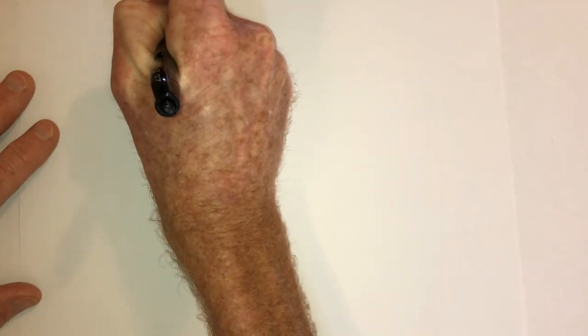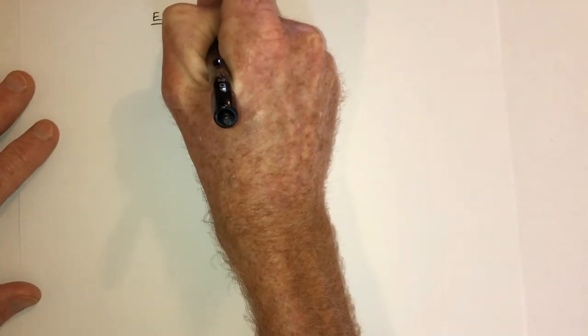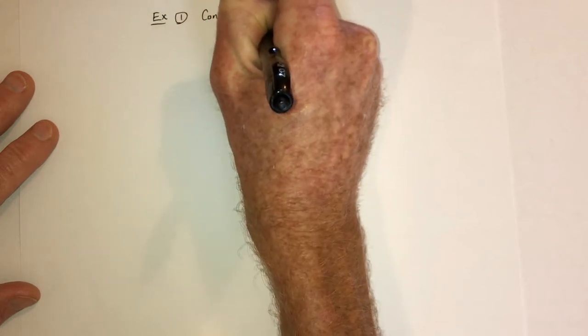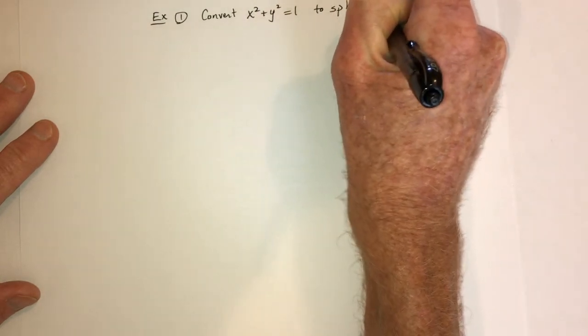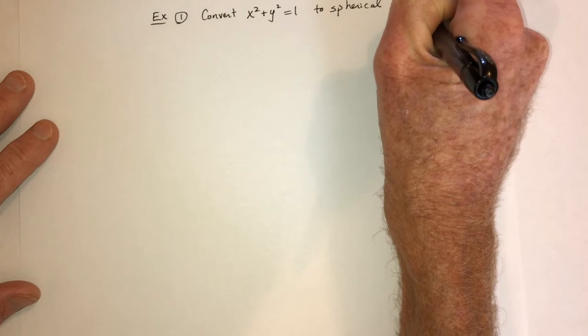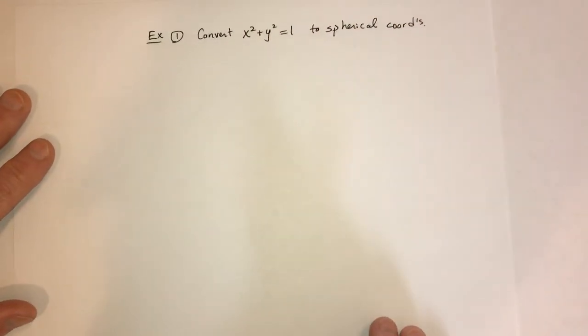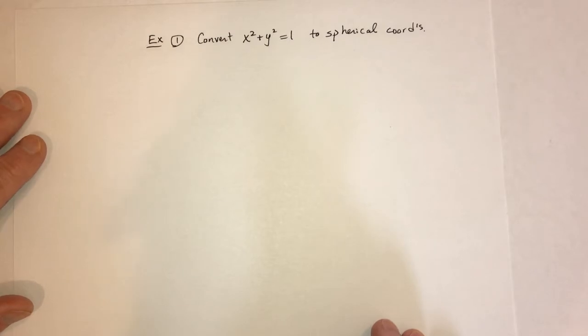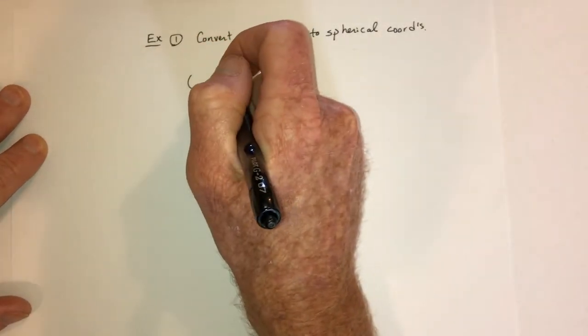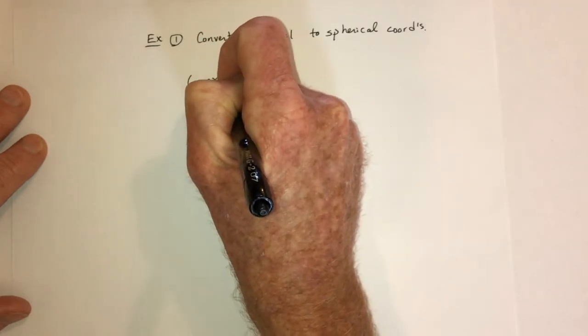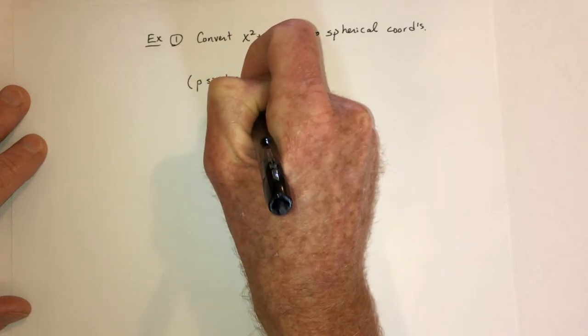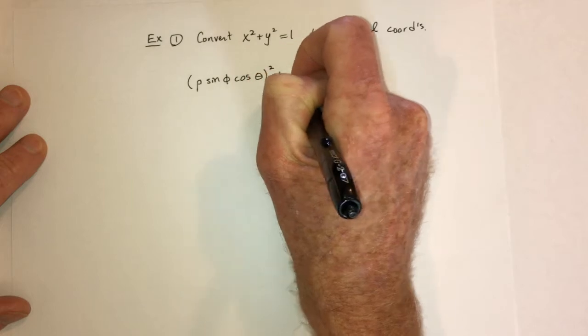For example number 1, suppose you had x squared plus y squared equals 1, and you want to convert that to spherical coordinates. So for x squared, you replace x with rho sine phi cosine theta, and that gets squared.